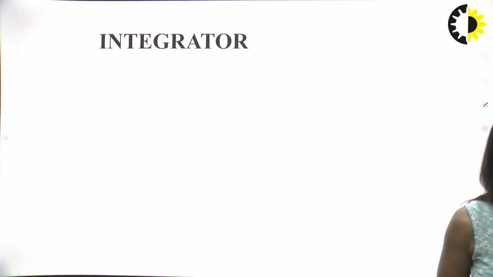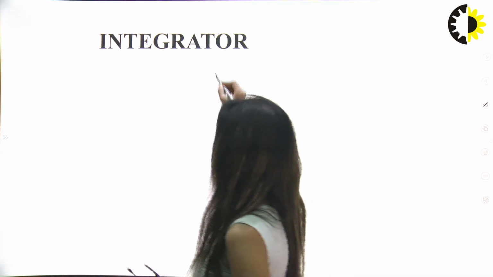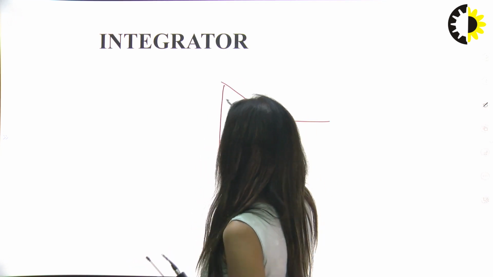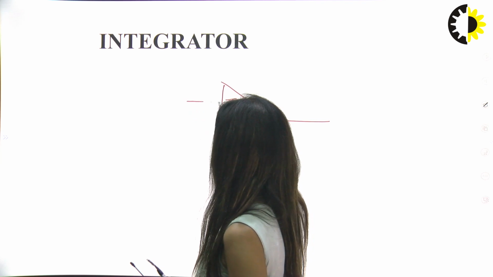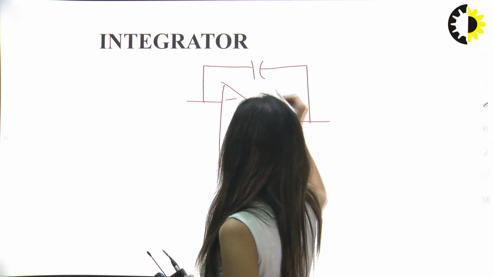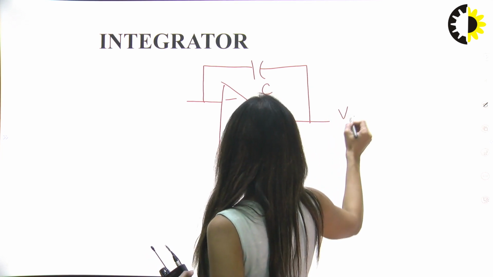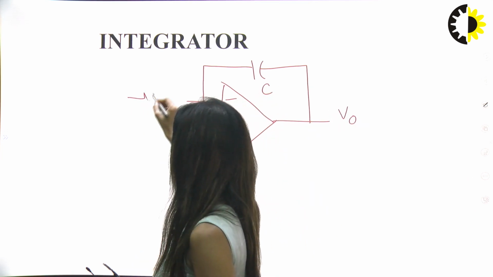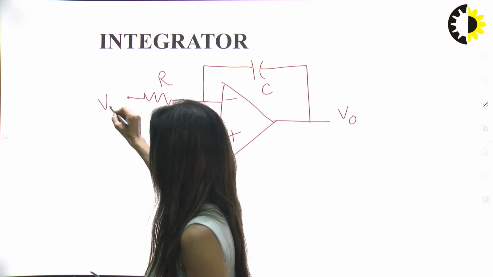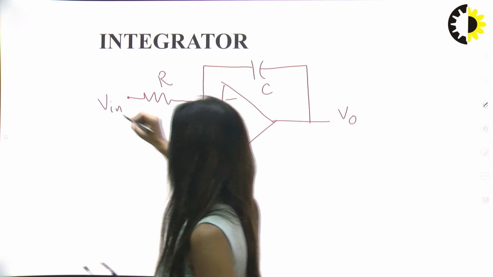If we want to study the integrator circuit, it can also be made with an op-amp. We are just going to add a capacitor in the feedback path. At the input we will connect one resistance, and here we will give the AC input.